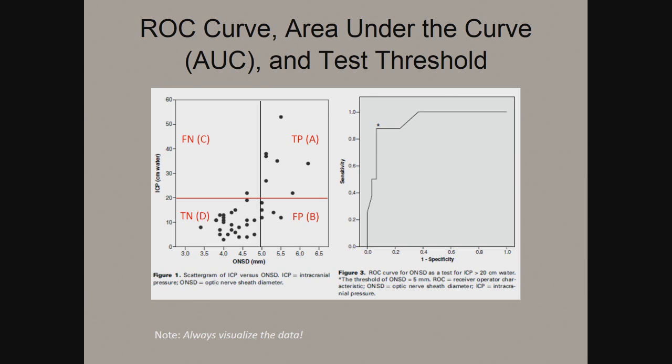And you have some choice there. We put the vertical line there at 5 millimeters, but it doesn't have to be at 5 millimeters. If it is at 5 millimeters, then you get the 4 boxes of your diagnostic test, as you see there, applied to the raw data in this particular case. And then that corresponds to the point on the ROC curve that's delineated there.